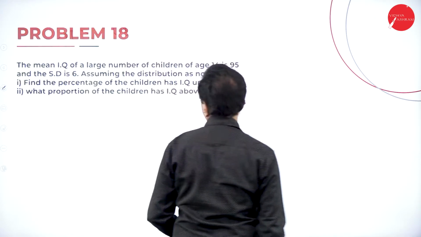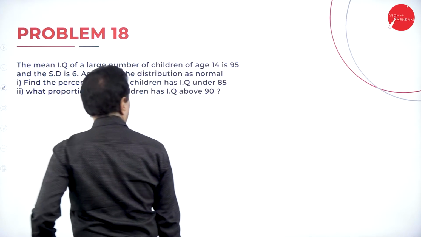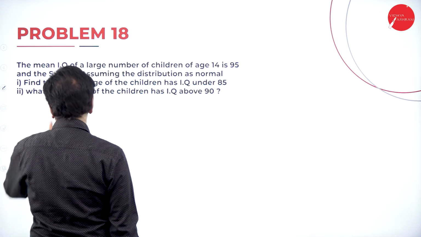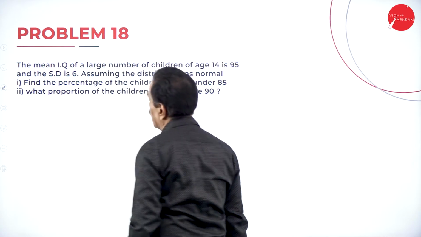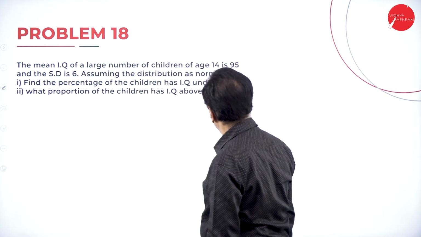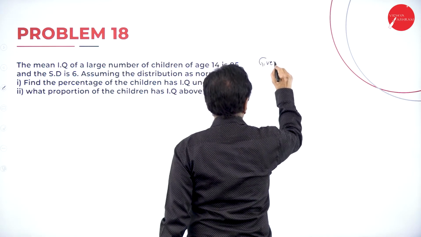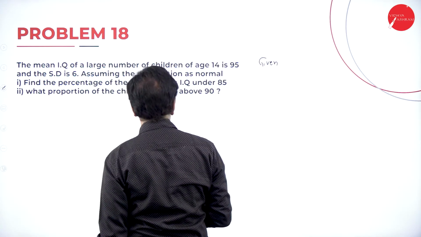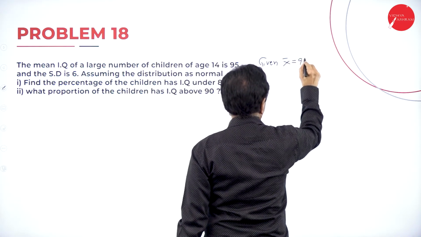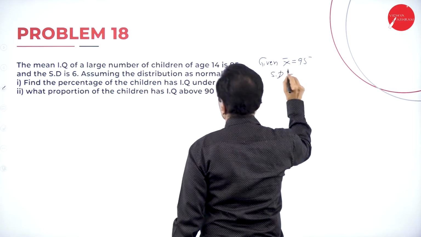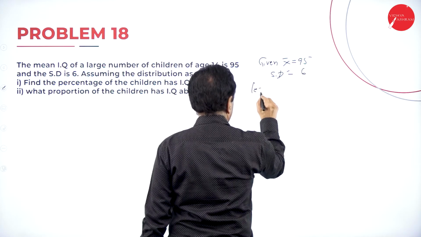We'll move on. The mean IQ of a large number of children of age 14 is 95 and the standard deviation is 6. Assuming the distribution is normal, find the percentage of children who have IQ under 85. Given: mean is 95, standard deviation is 6.